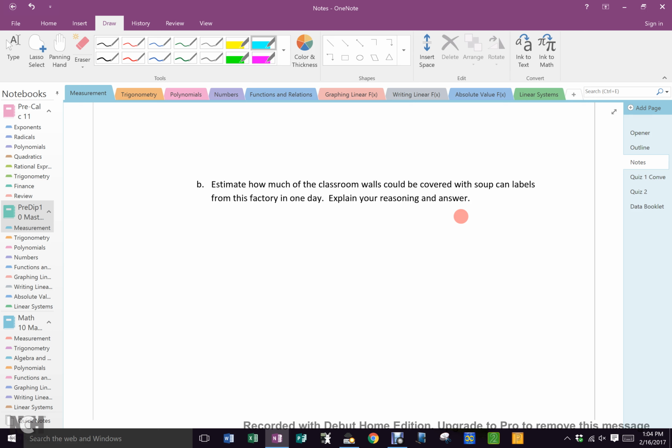What is about a meter? Is there something I can do that is about a meter? Take a step. Is that a meter? It's close enough, right? We're only estimating, aren't we? Because what does the question say? Estimate. Does the question say get out a ruler? The question says estimate. So that's 1 meter, right?